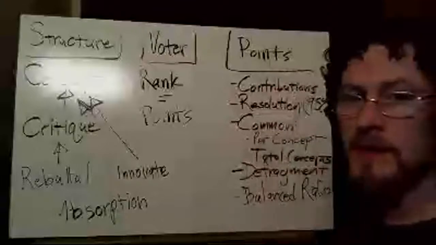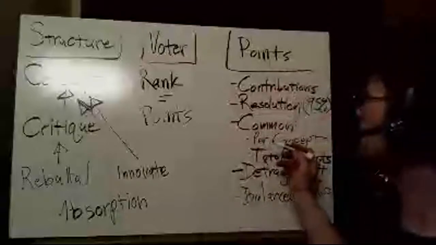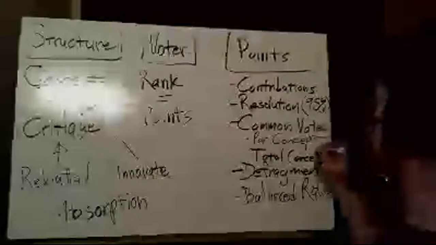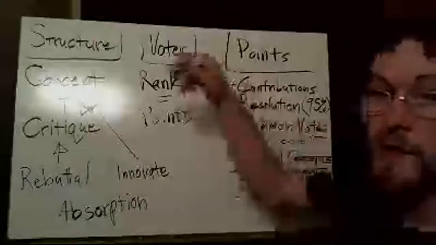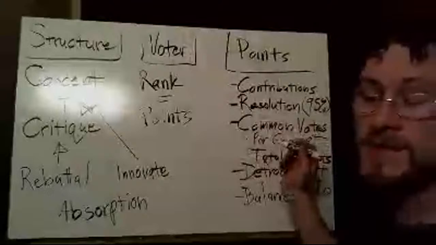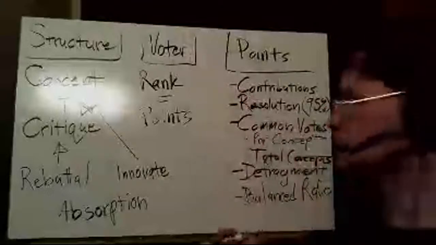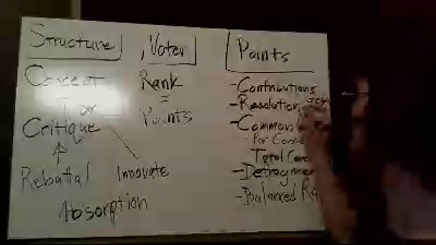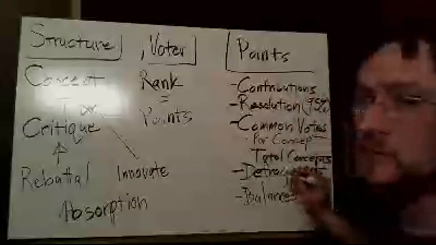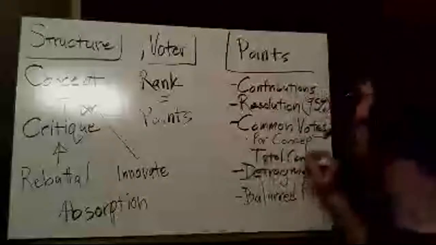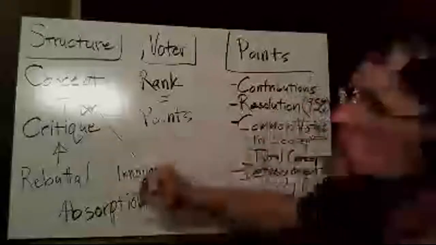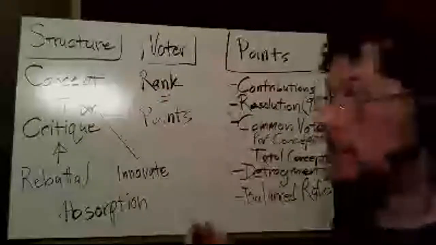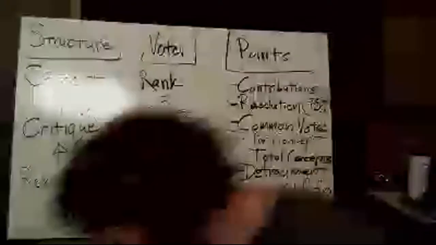So you can't merely spend all your time, well, it's actually, I guess this is voting, common votes. So you can't just go around voting where everybody else votes and up your tally, up your rank. That would be silly and easy. You have to actually contribute. You have to actually try to resolve issues. You actually have to do a little bit of the defragment. Maybe less so that one. But the point is you have to be active doing all this stuff, not just voting, in order to contribute to your rank. So those are the 3 parts.